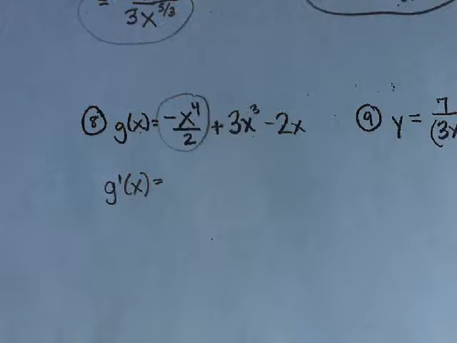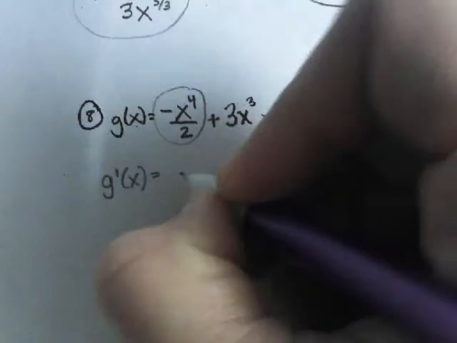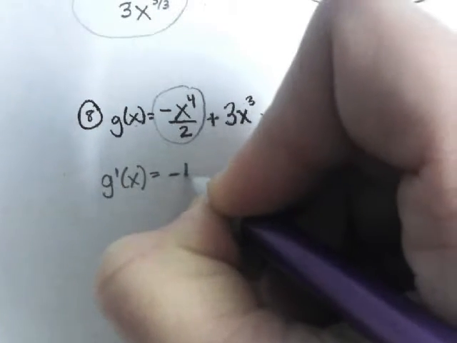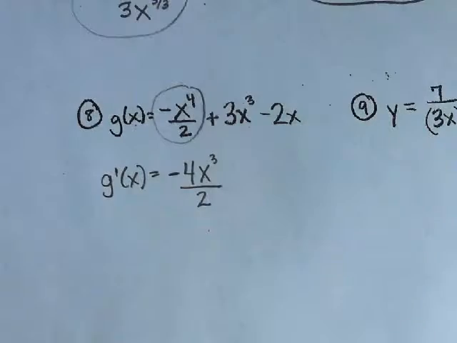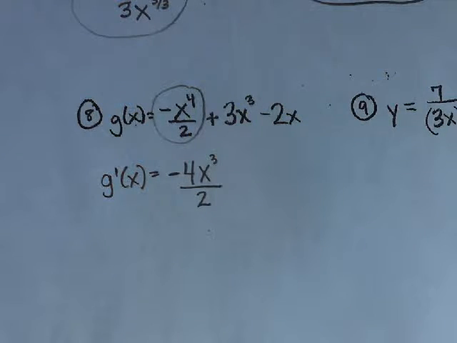Why is there a 3 out in front? What's the current exponent? 4. So we should be bringing the 4 out in front. Does that make sense? Negative 4x to the third over 2, which we'll clean up, but we don't need to do everything all at once.